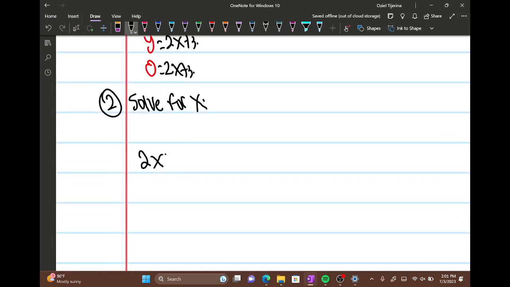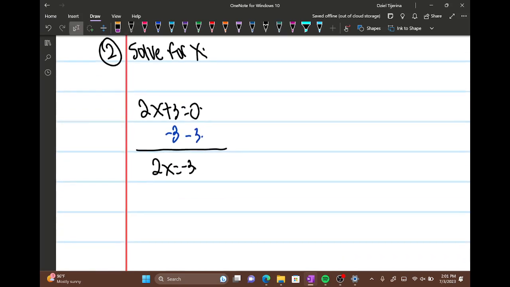So 2x plus 3 equals 0. Minus 3 on both sides. 2x equals negative 3, right? Notice that they're being multiplied. Divide both sides by 2. Get x equals negative 3 over 2.